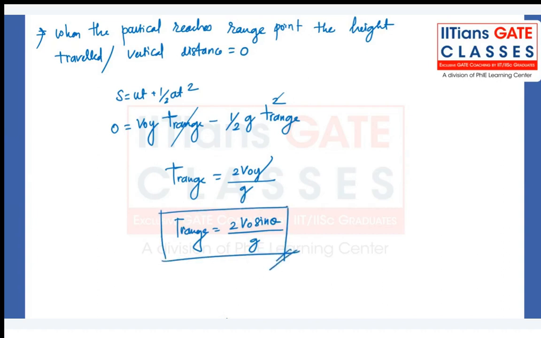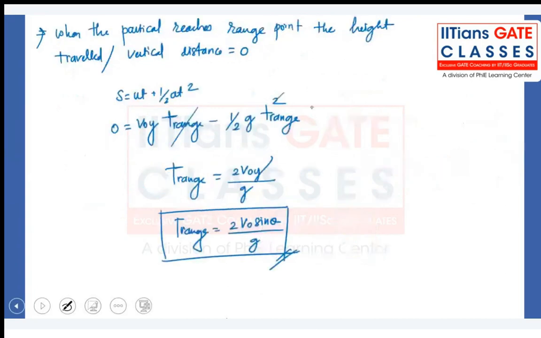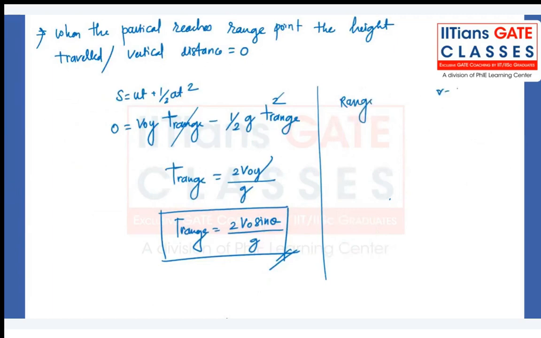And how to calculate range? You know velocity is equal to distance divided by time, so distance is equal to velocity into time. Velocity is displacement divided by time, and displacement is velocity into time. So using the same concept, range can be written as v naught x into t range.